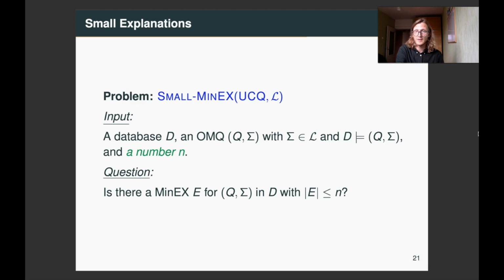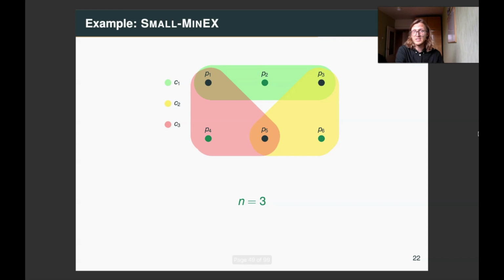So, in this situation, we have that there is a minimal explanation, of course, of size 3 and of size 2. So we know that there is an explanation smaller than any number greater or equal than 2. Okay, but there is no explanation of size 1.